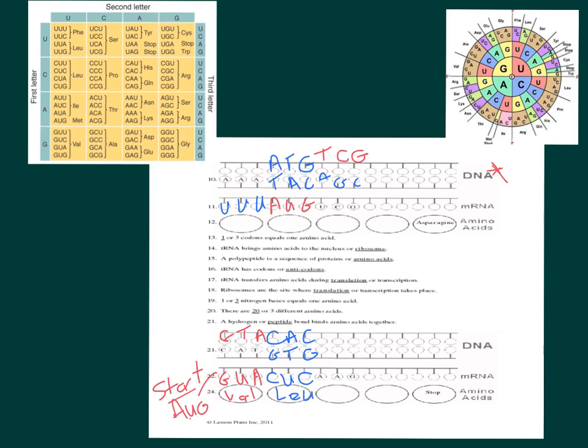And it would continue. And so that's how you do this translation business. This primary structure of proteins is determined by the DNA structure, the DNA code, right? The DNA code determines the sequence of amino acids in a protein.